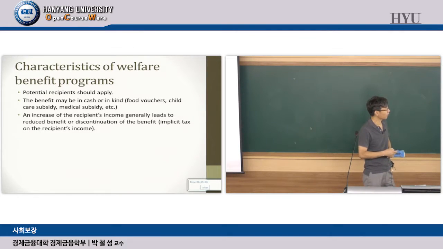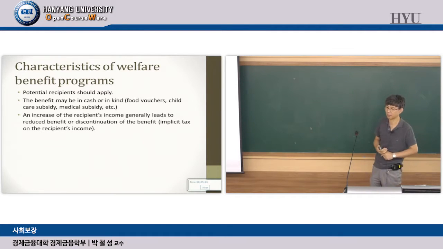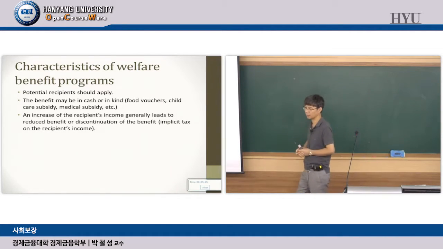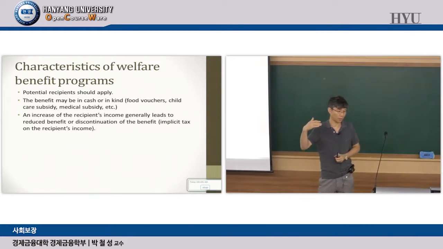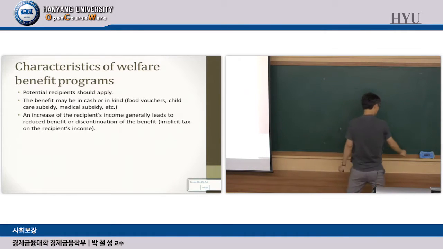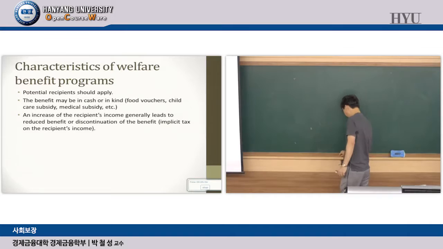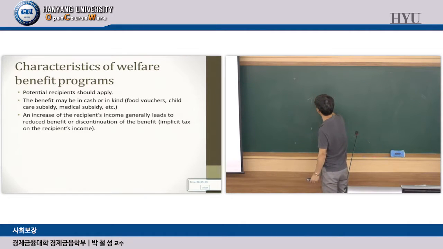Economists usually call this type of reduction of benefit, or discontinuation of the benefit, an implicit tax. Why is it an implicit tax? Think of your total income, let's say for poorer households.